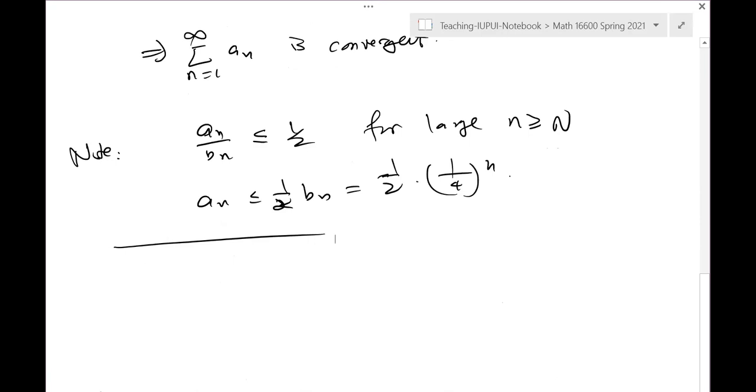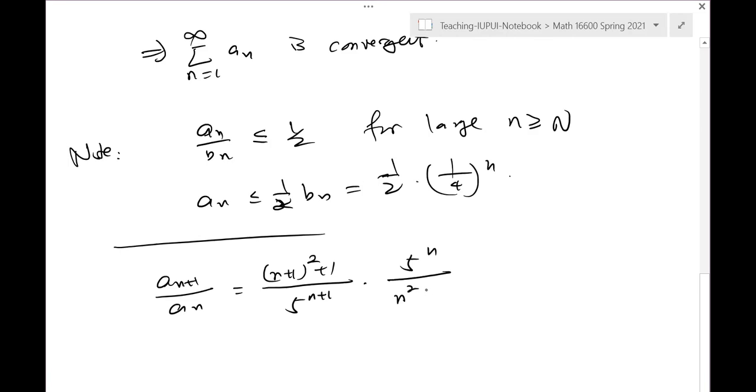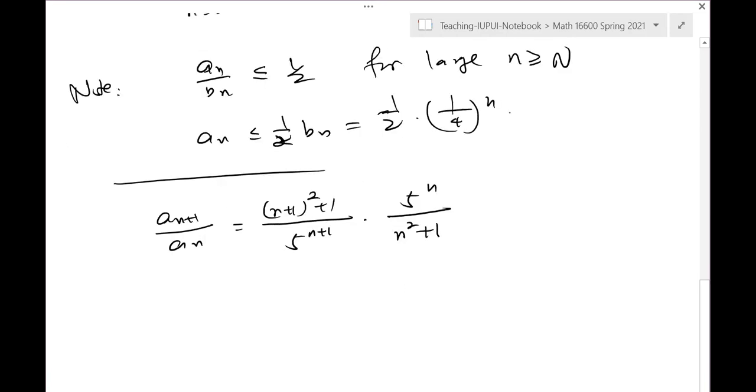Another way to solve the problem is to use the ratio test. So the ratio test here is (n plus 1) squared plus 1 over 5 to the n plus 1, and turn upside down, 5 to the n over n squared plus 1.